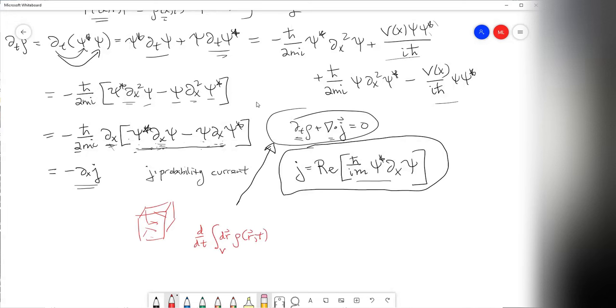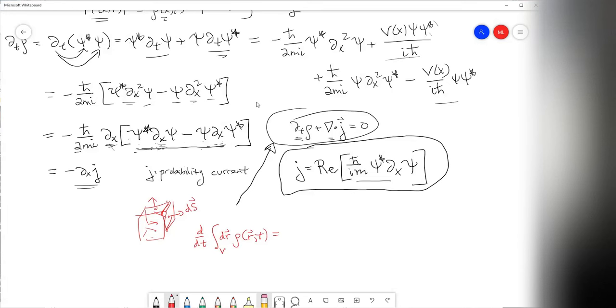If all that's happening to the probability is that there are probability currents in and out of the box, we can define the surface area of the box with a little vector pointing outwards.